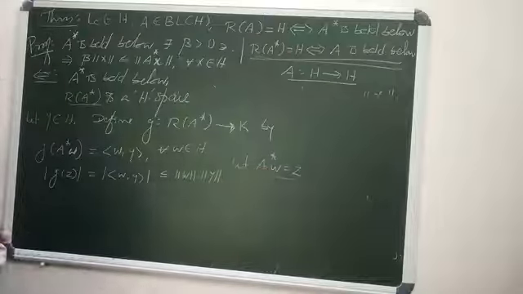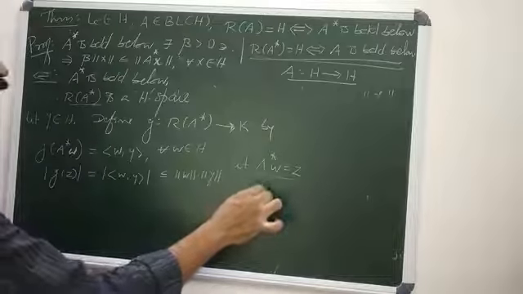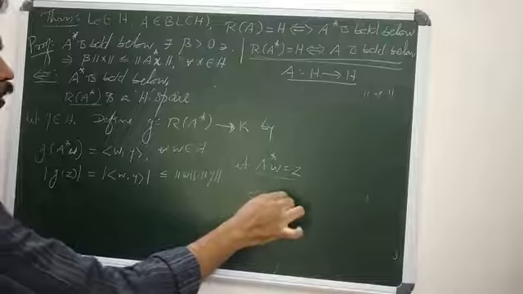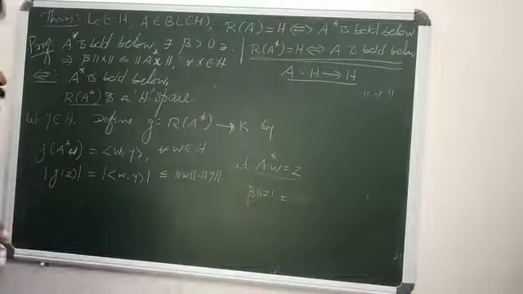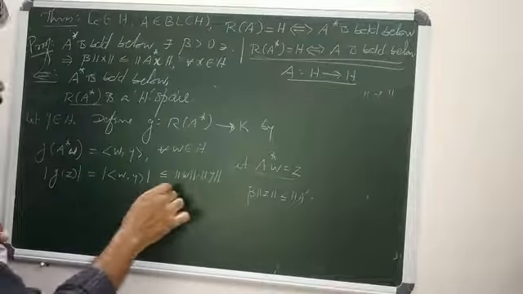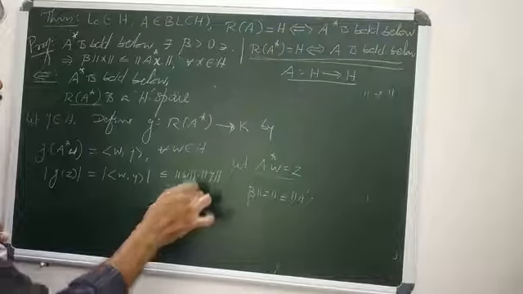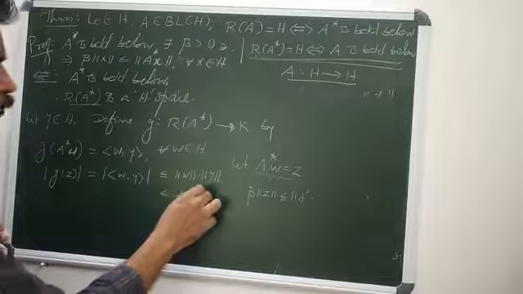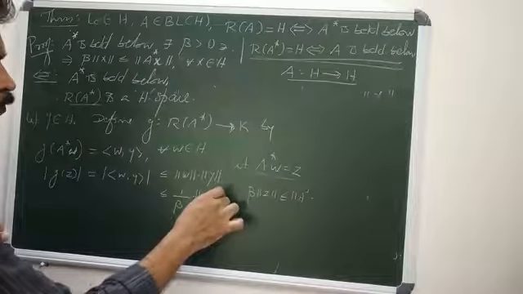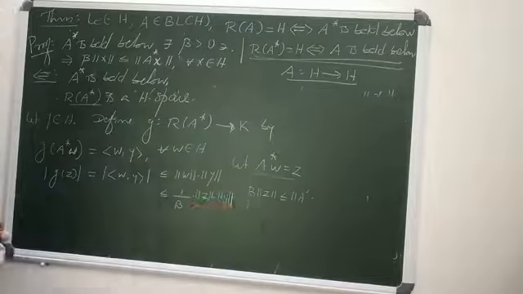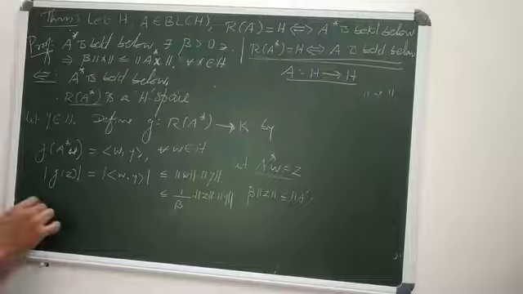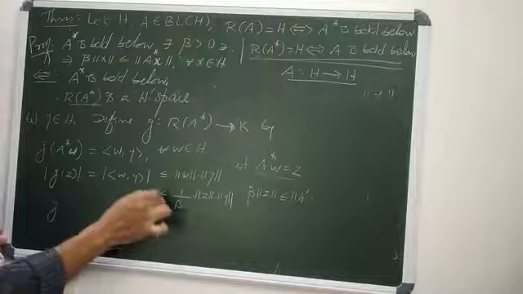So w falls in H and A* is bounded below means beta norm w is less than or equal to norm A*w, which is norm z. So this is less than or equal to 1 by beta into norm z into norm y. Therefore, |g(z)| is less than or equal to this one.